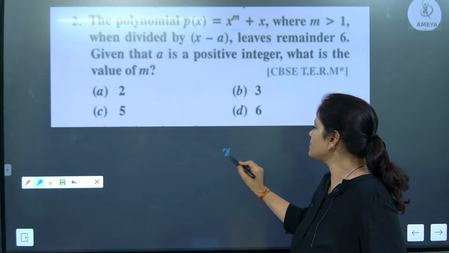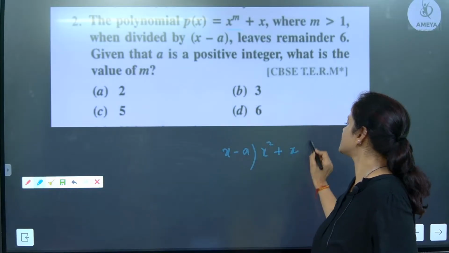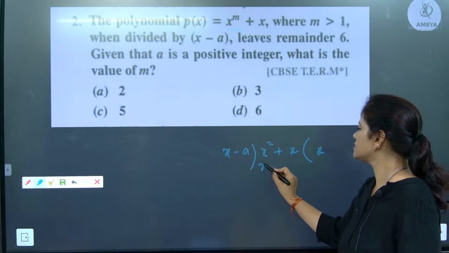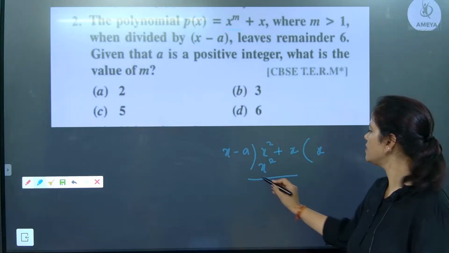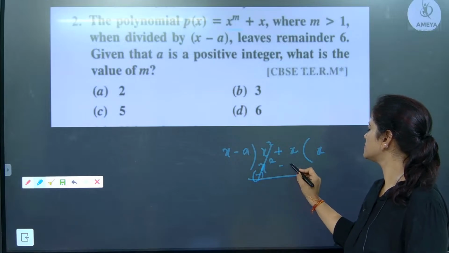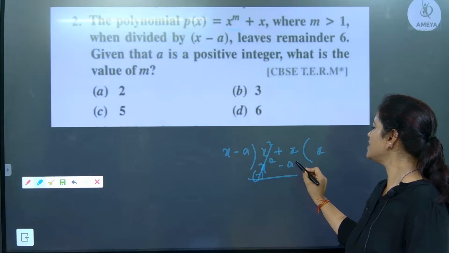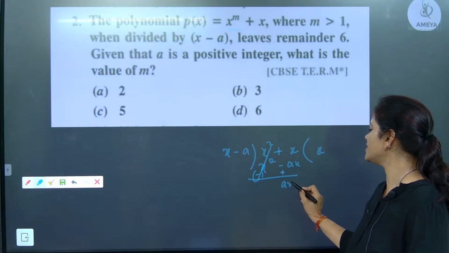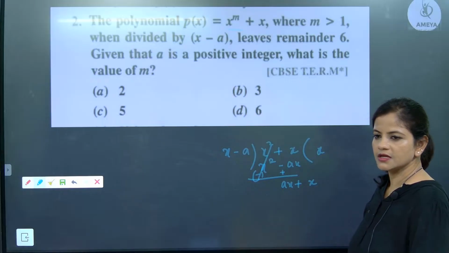So x minus a is dividing x square plus x. It will become x square minus ax plus x.